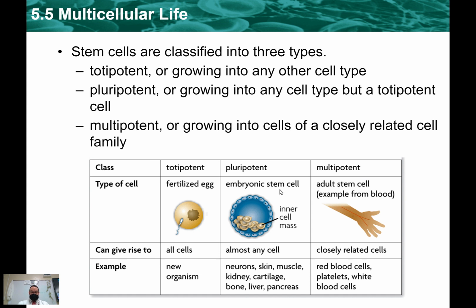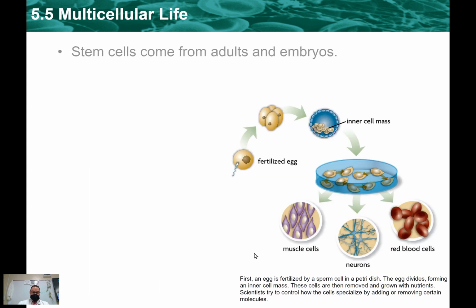A pluripotent you get from embryos, which is usually you have to get it from the aborted fetus. And a totipotent is very difficult to get anywhere unless you fertilize the egg and then do it yourself. So it is extraordinarily complicated and, at best, a controversial form of science.